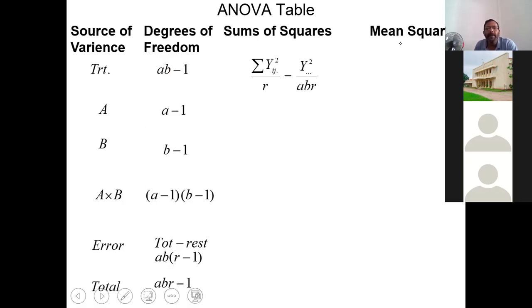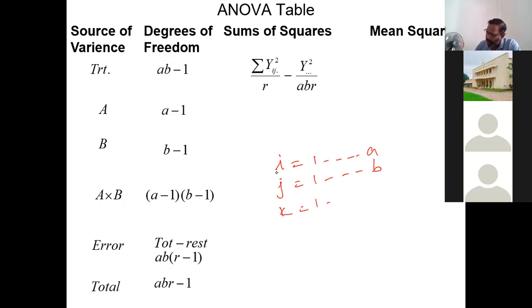Right, now we will come to the notations. We know I is given for 1 to A, J is given for 1 to B, K is given for 1 to R, the replicates.